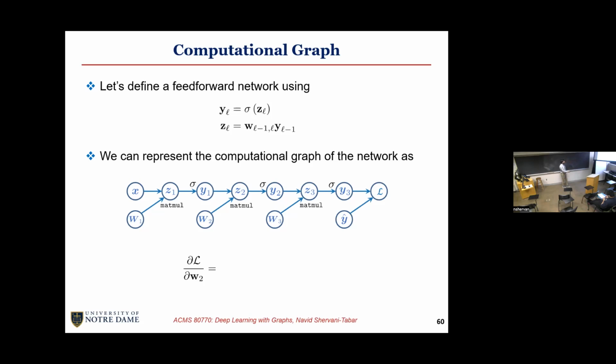I can say that I have some input x, which is equal to my y0, right? And then I have matrix multiplication of that with some weight w, and that will give me a new variable z1. Then I apply some nonlinear layer on this.